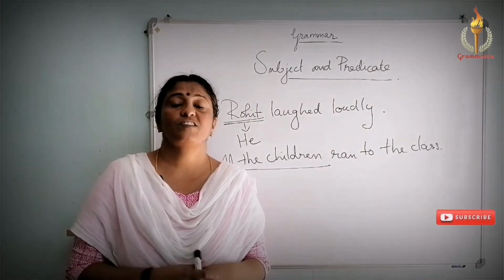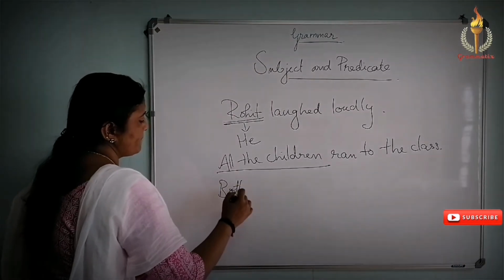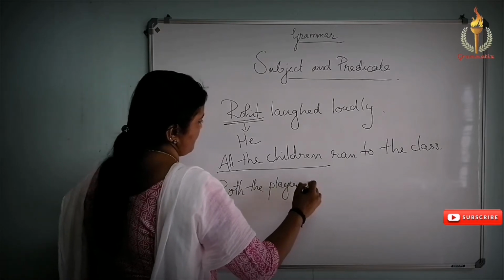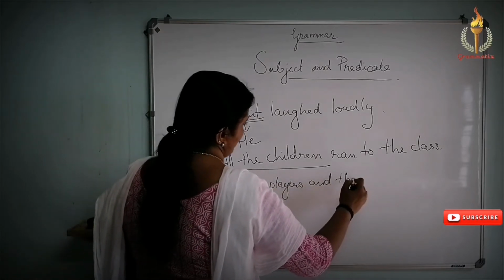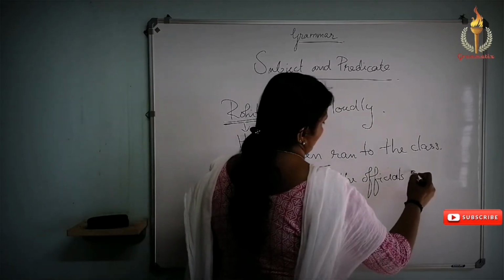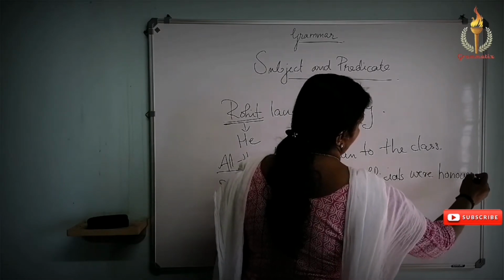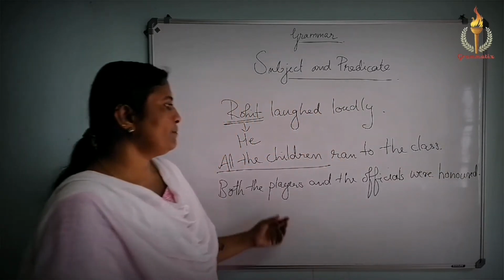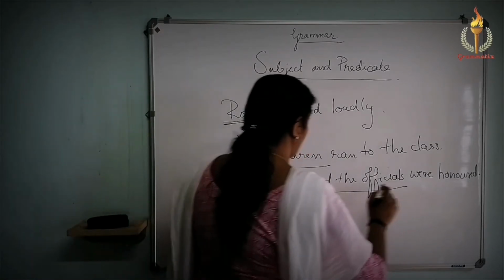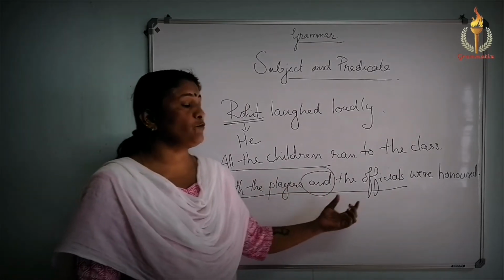For example, both the players and the officials were honored. So both the players and the officials, here and is the joining word.